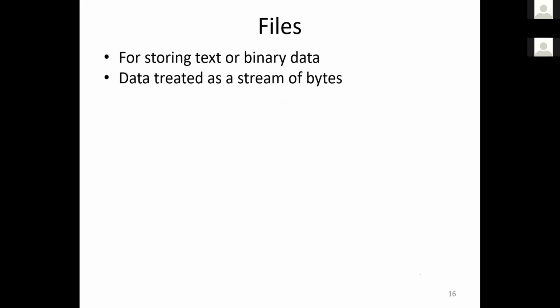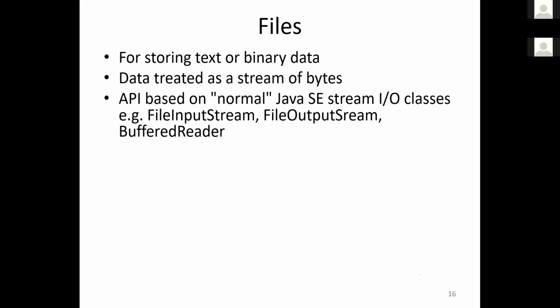Next is what Shah is asking about, the files for storing text or binary data. So we work with this example. What we were doing here is creating a to-do file that was supposed to store some value. This is for storing text or binary data. The data is treated as a stream of bytes.